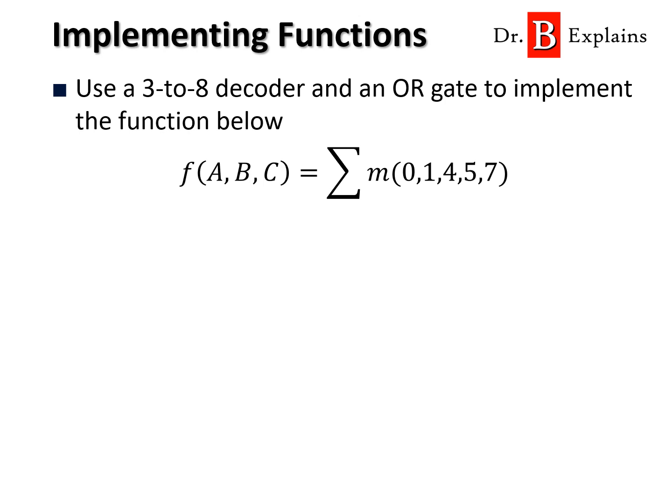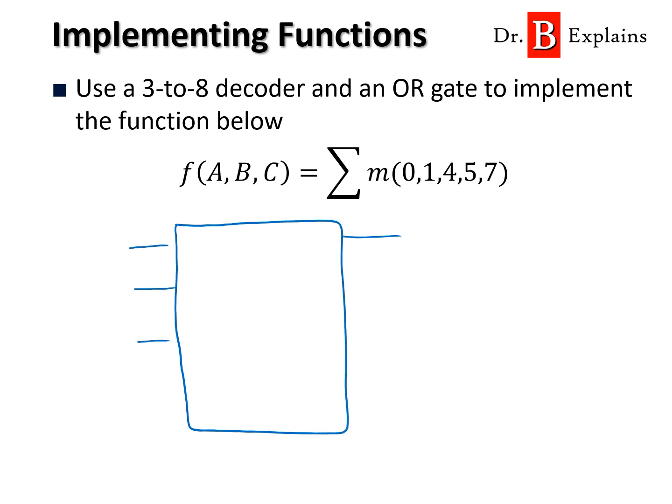How do we implement functions? We're going to do an example. Use a 3 to 8 decoder and an OR gate to implement the function below. We're going to have 3 inputs, A, B, C, going from 0, 0, 0 all the way to 1, 1, 1.